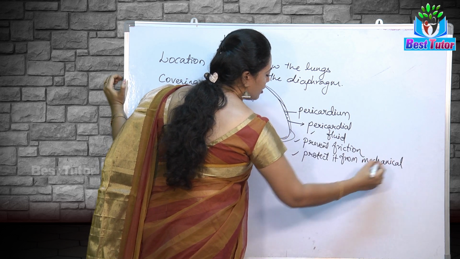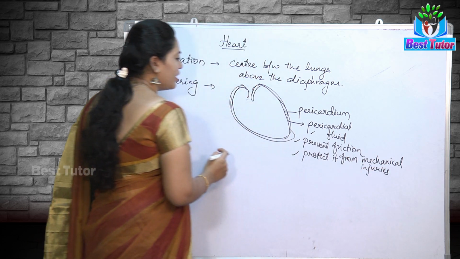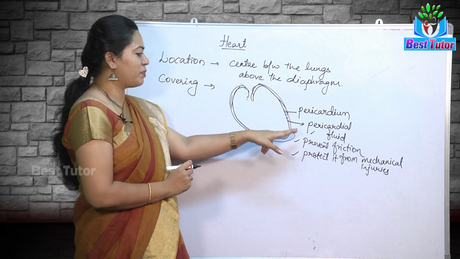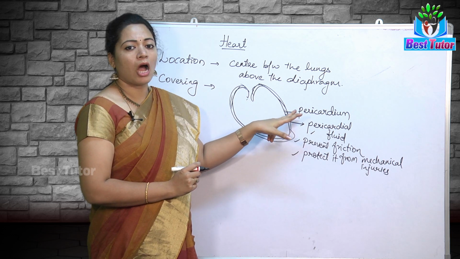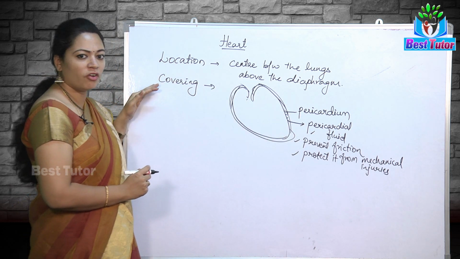Any damage is considered a mechanical injury. So that is the major function of the pericardial fluid, which is present in the pericardium, the outer covering of our heart. So this is about the location and covering of the heart.